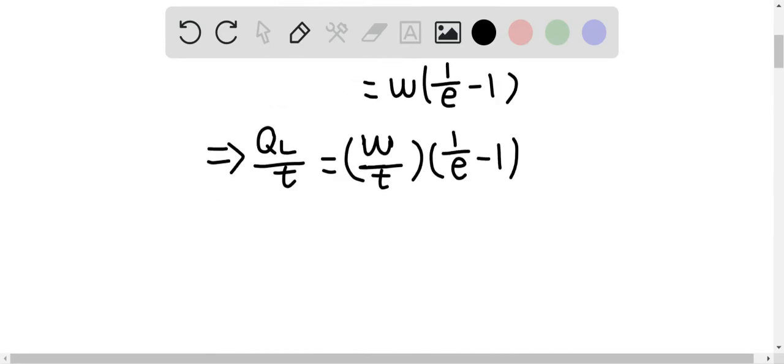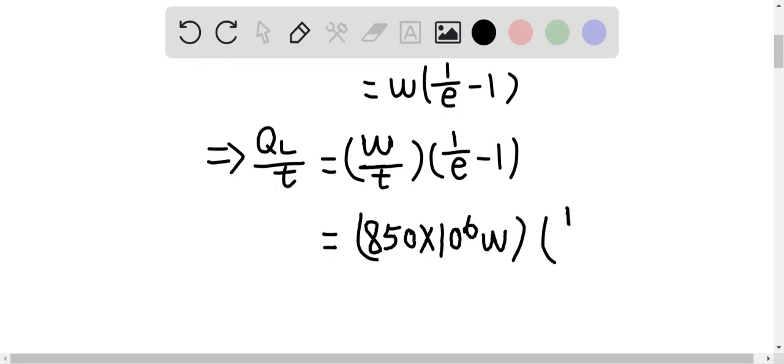If we plug in the values, W over T is the power, which is given as 850 megawatts, and 850 megawatts is 850 times 10 to the power of 6 watts, because 1 megawatt is 10 to the power of 6 watts. Then this whole thing is times 1 over E minus 1, which is 1 over 0.38 minus 1, because 38% was the given efficiency.